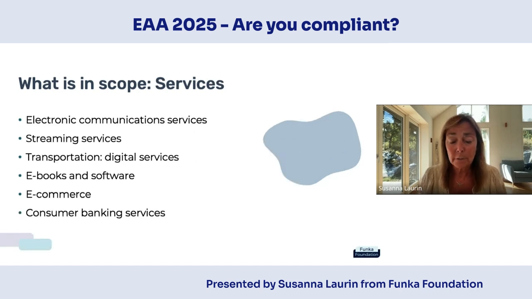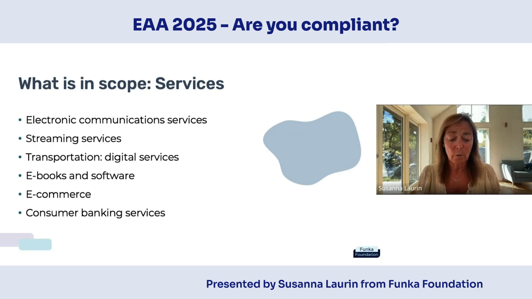And when we come to the services, it's even wider, because here we have electronic communication services, which is super wide, streaming services, and when it comes to transportation, all the digital services, so not the buses and trains themselves, but all the ticketing machines and the information around the transportation is covered. Then ebooks and software and e-commerce, very widely defined.